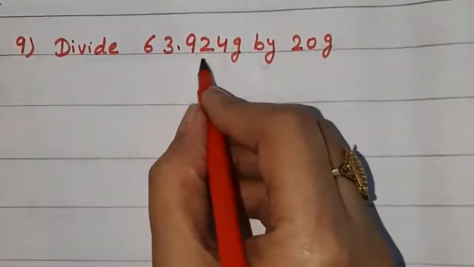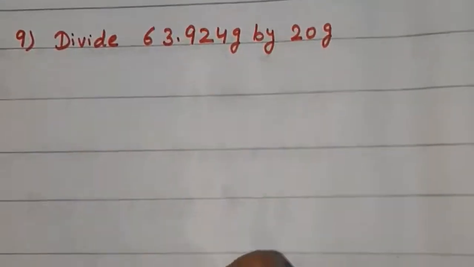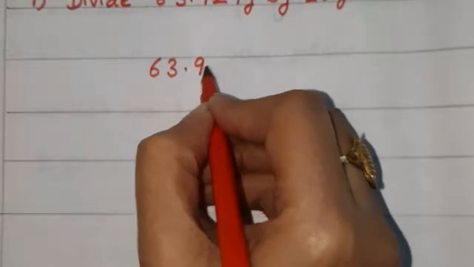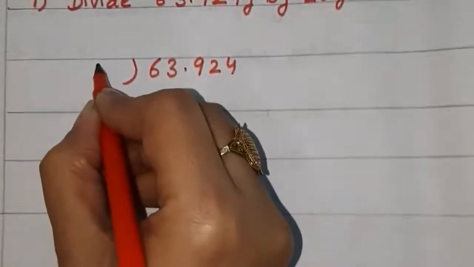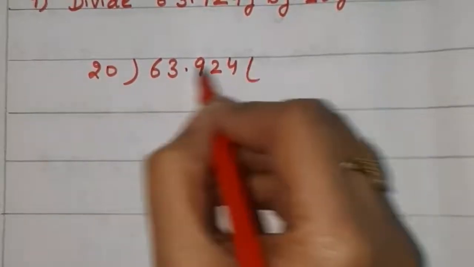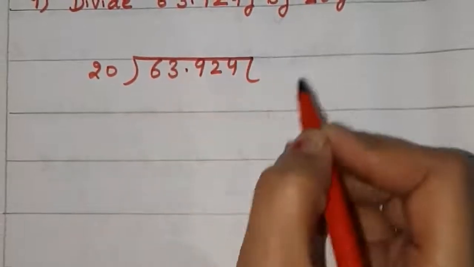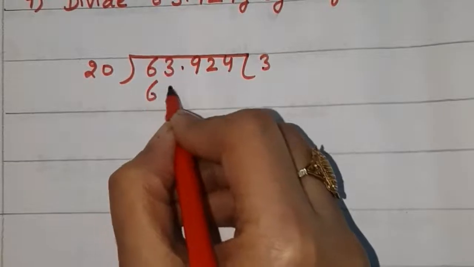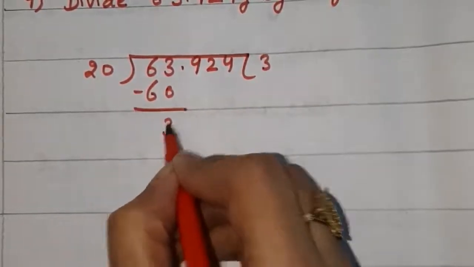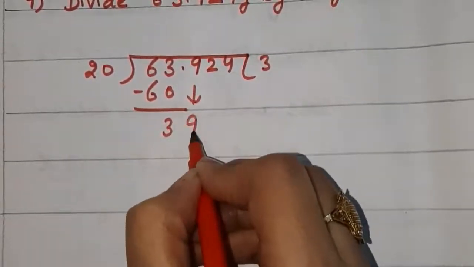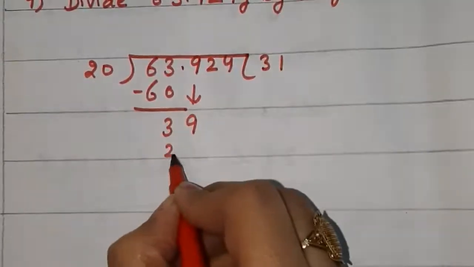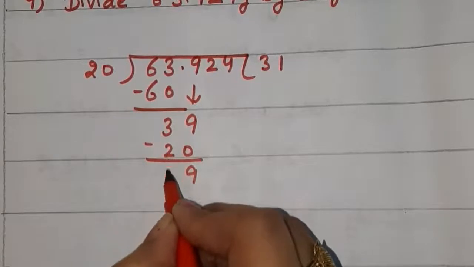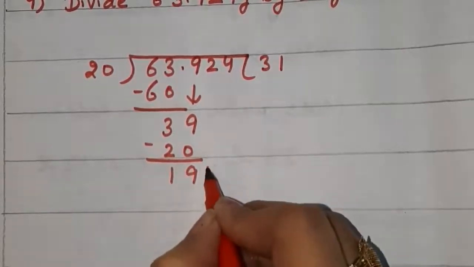Divide 63.924 gram by 20 gram. 63.924 divided by 20. 3 twos are 6, 60. Consider 9. 9 minus 0, 9. 3 minus 2, 1. Take the next digit 2.